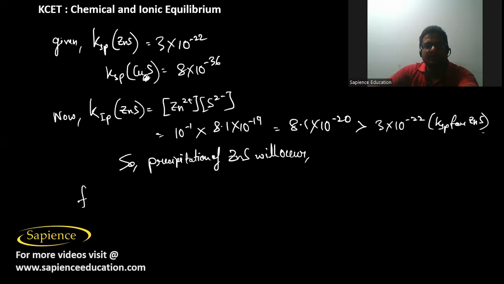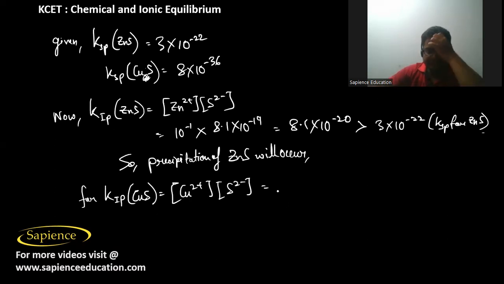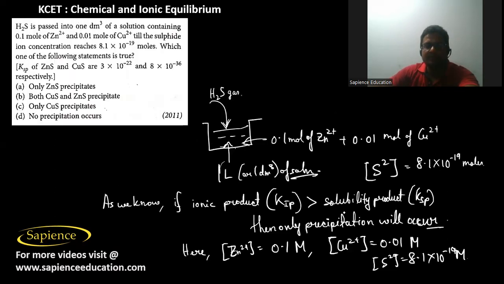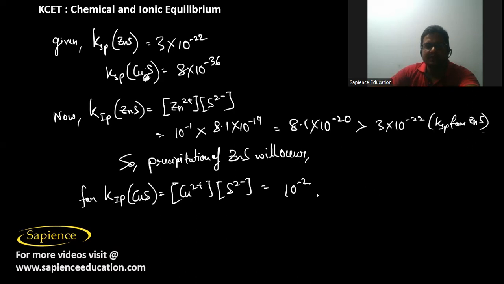And for copper sulfide, KIP for CuS will be equal to the concentration of Cu2+ times the concentration of sulfide ion. The concentration of Cu2+ is 10 power minus 2, 0.01, into 8.1 into 10 power minus 19.